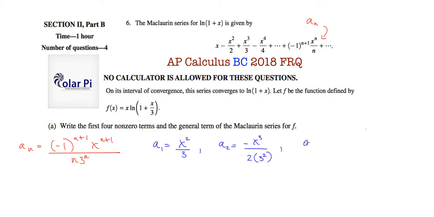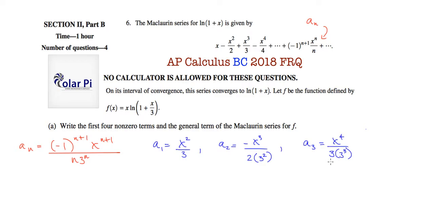And then a3 will have negative 1 to the fourth, which is positive 1, and then x to the fourth, divided by, n is 3 this time, so 3 times 3 cubed. Sorry, I was getting ahead of myself because I wanted to combine those into 3 to the 4th, but n is 3, so that has to be 3 to start.